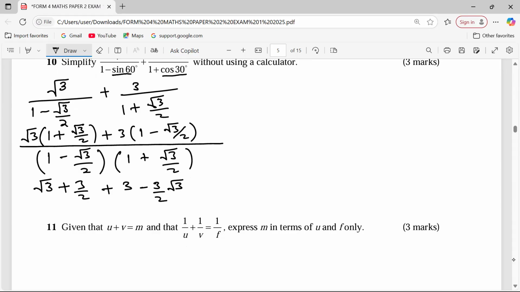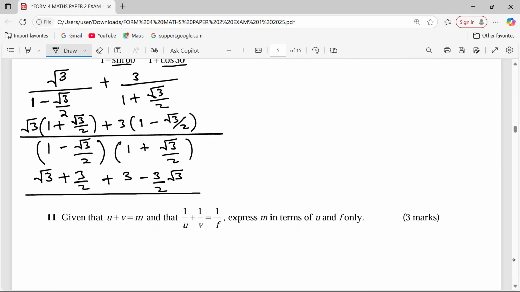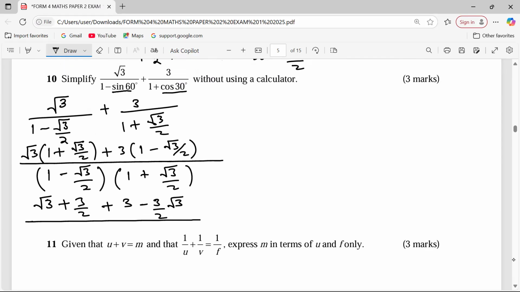So this is now being divided by, look at this, the denominator, which is the LCM of the denominators that we had, is what we call a surd and its conjugate.